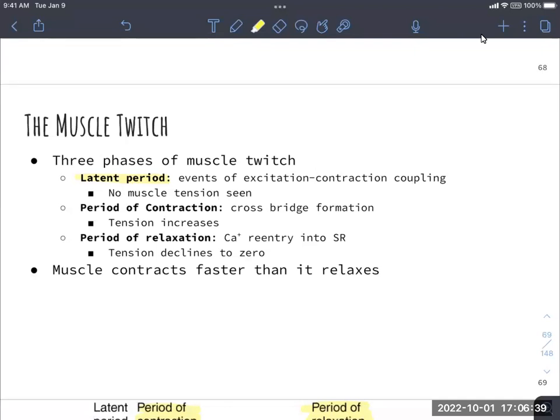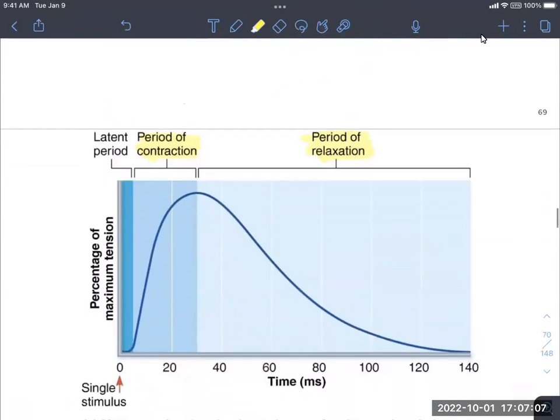We see it when we get to that period of contraction, and that's that crossbridge formation and creating tension. That period of relaxation, that's when all that calcium's getting put back into that sarcoplasmic reticulum because we don't need it. We don't want continued contractions. And as this graph shows, it contracts a lot faster than it'll relax.